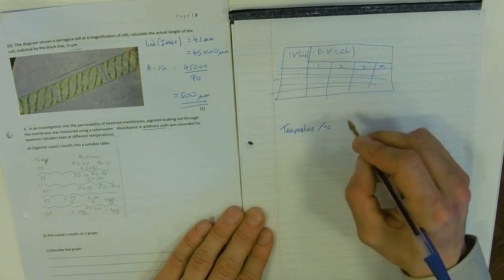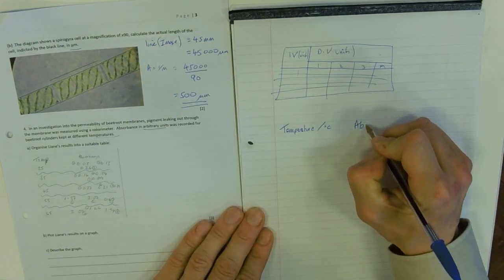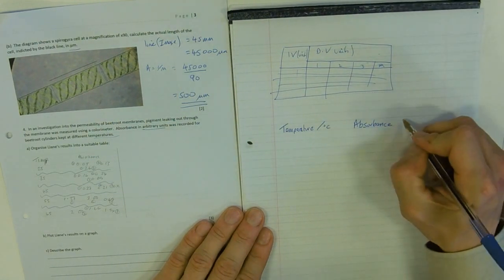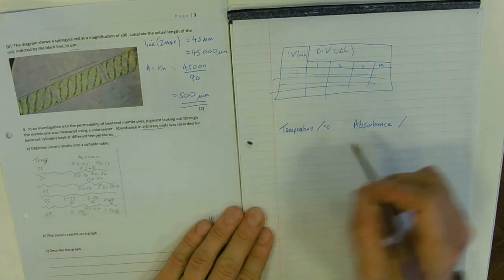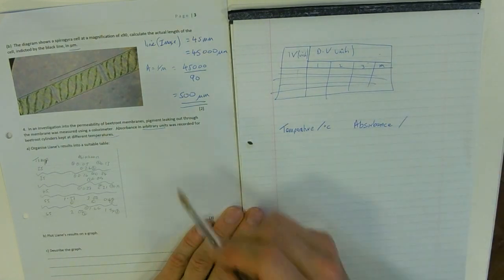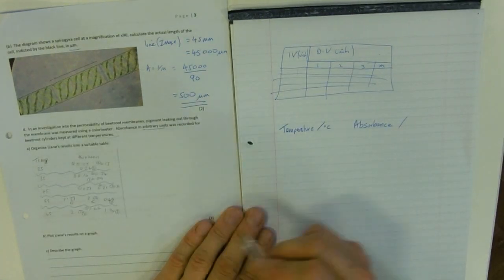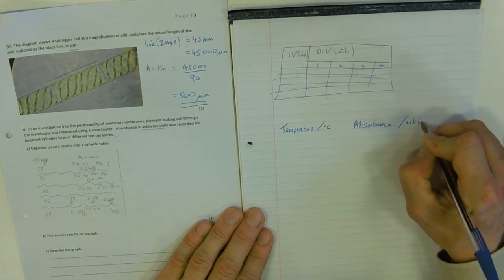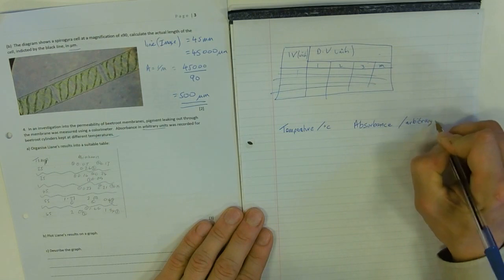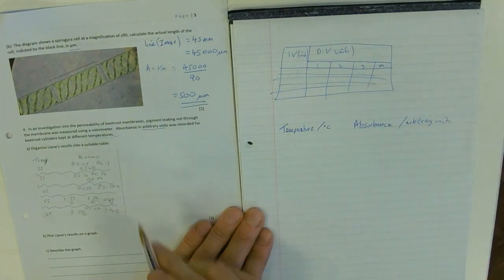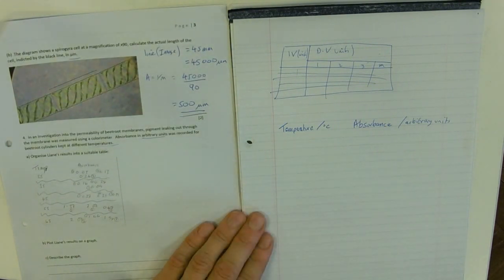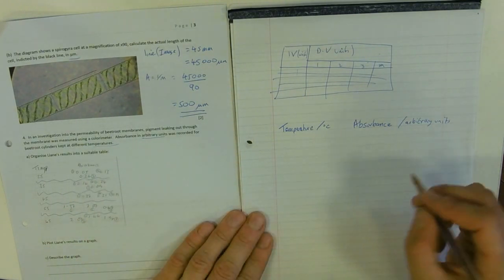Our dependent variable is the absorbance. What units have we got there? It says arbitrary unit, which means that we're not really interested in the exact units. So arbitrary units. I've just written it out exactly like it is there. And then we have got 3 sets of results.